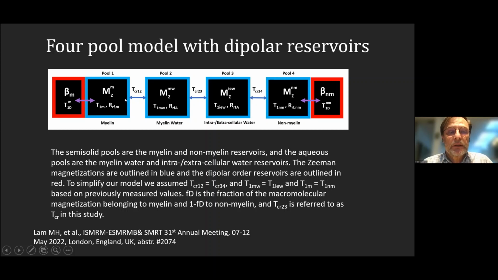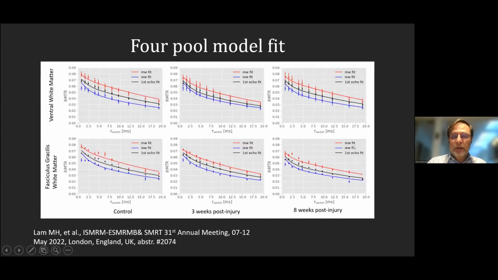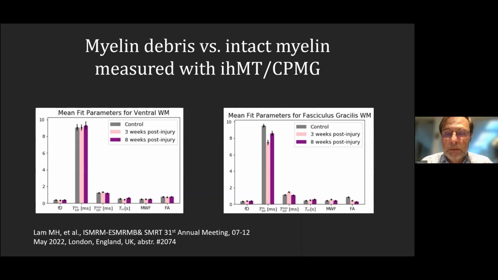So we looked at the semi-solid pools, which were the myelin and non-myelin semi-solid with the associated dipolar reservoir, and two liquid pools, which were the myelin water and the extracellular water. And here are the results of the fitting and the parameters that we acquired from that.